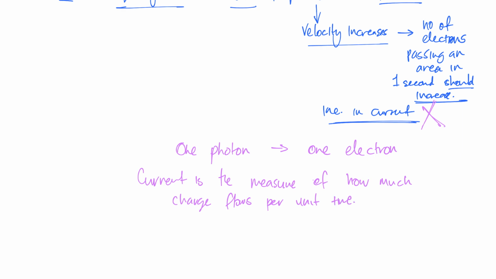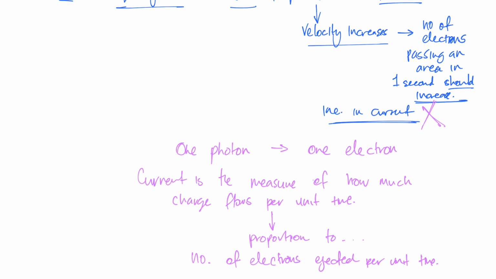I know that about current. Now, if current is a measure of how much charge flows per unit time, which in this case is proportional to the number of electrons ejected per unit time, and therefore the number of photons per unit time.